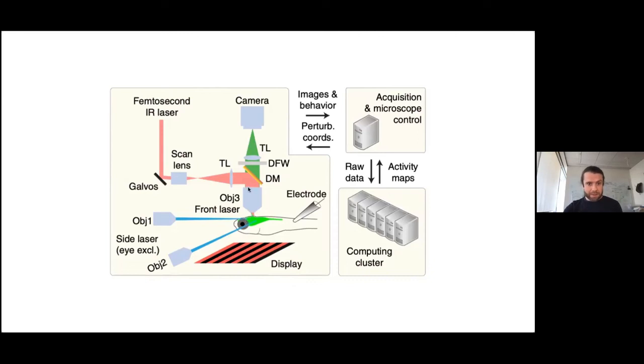And it's more complex than shown here, especially for the 2-photon optogenetics, where we have to descan the objective movement with an electrical lens in this pathway. So this interfaces with the acquisition microscope and control system, which we then hooked up through a fast connection to the compute cluster so that we could record activity and then analyze it on the fly during an experiment and then feed it back into the ablation or stimulation system.